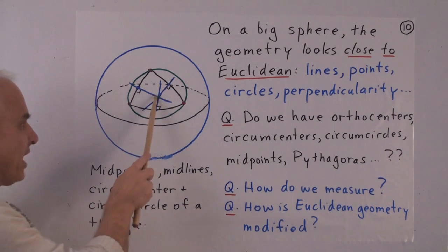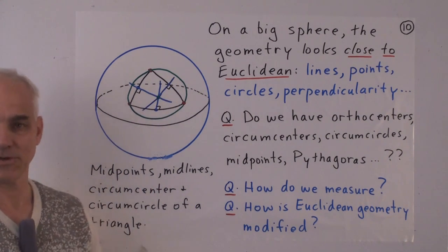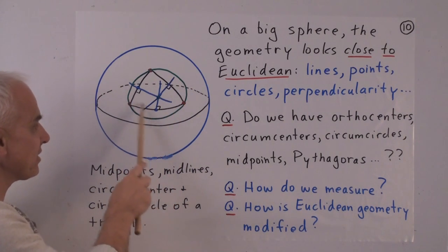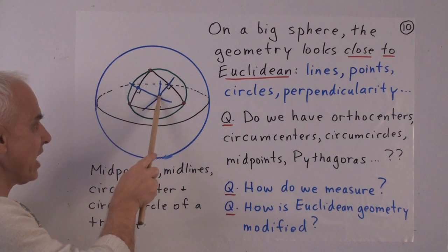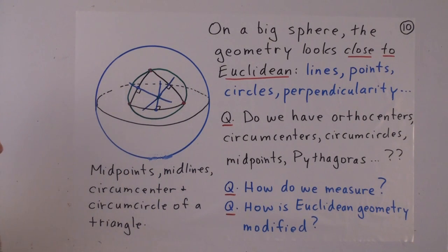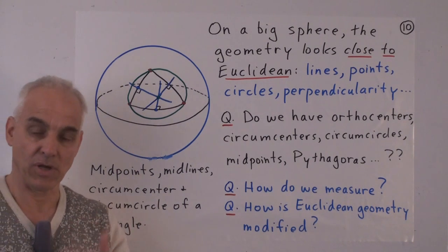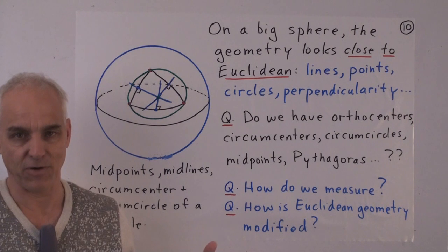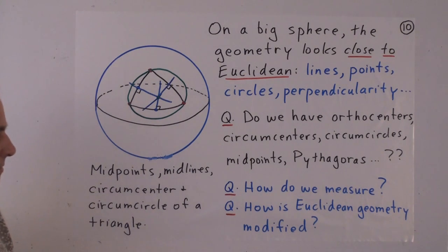The question is, do they meet in the circumcenter? If so, is there then a circle that passes through the 3 points, which has this point as its center in some sense? So we can ask lots of questions about Euclidean geometry. How much of Euclidean geometry transfers to spherical geometry?